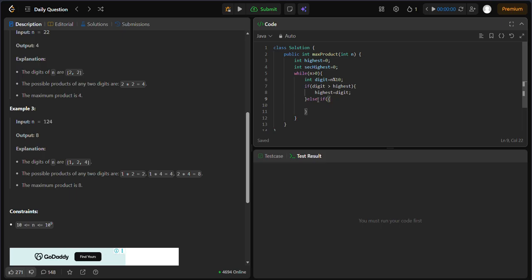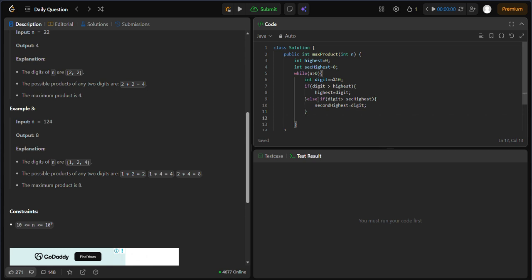It is a must, because if you don't write the condition, it can take any other number, right? Else if digit is greater than second highest, then second highest is equal to digit. Here we have both our important digits.